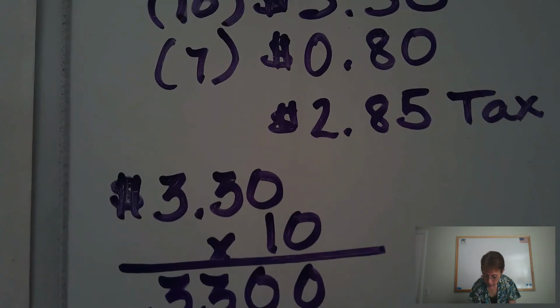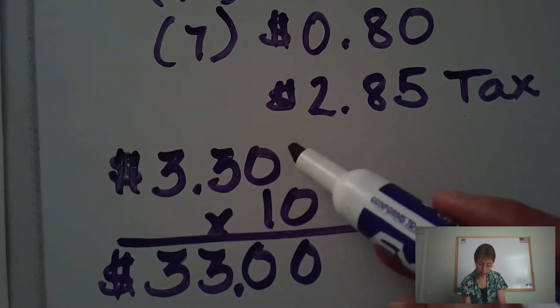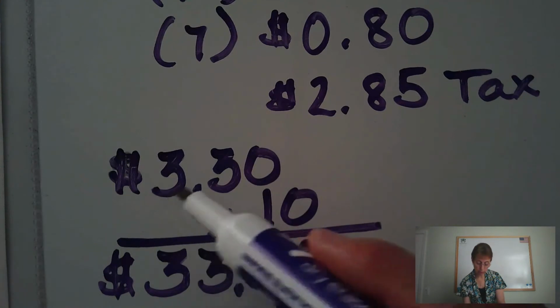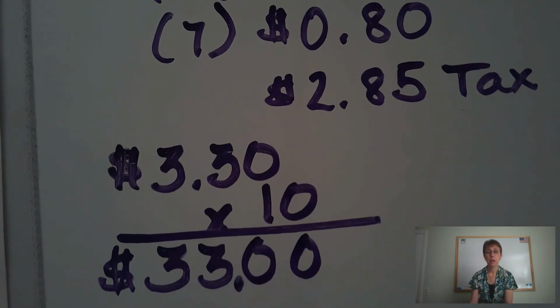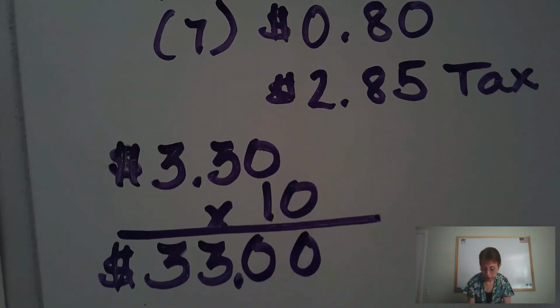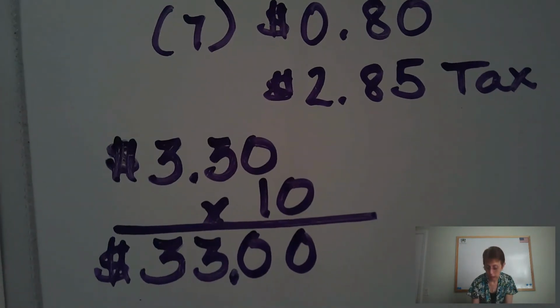Put your decimal point where it belongs and bring down the dollar sign. Or you could have recognized that when multiplying by 10, all you really needed to do was take the original amount, $3.30, add a 0 to it, and then move the decimal point where it belongs for dollars and cents. Okay, but anyway, we have our $33 was spent on the caps.